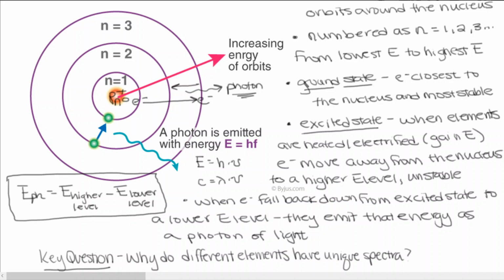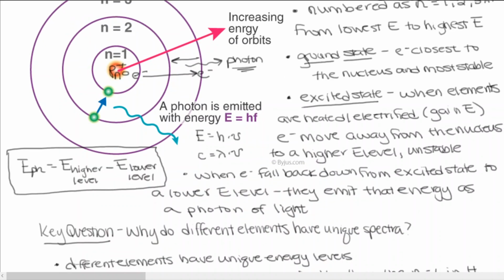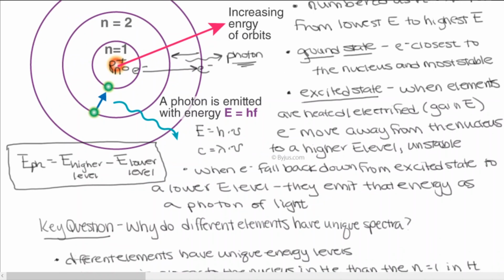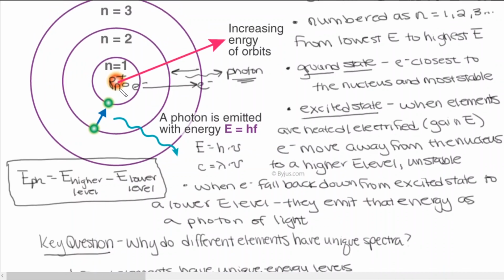Okay. So that's what you guys were seeing in the lab, or that's what you're about to see in the lab. The bottom line is, electrons aren't just randomly outside the nucleus. They are outside the nucleus in distinct energy levels.